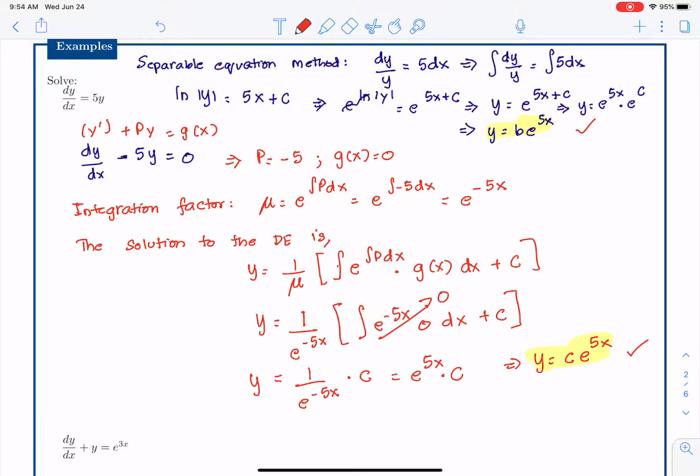So do not make things complicated when you solve differential equations, especially first order linear equations. If you can do it with the separable equation method, do it with the separable equation method, because that is easier. If you can't, then we search for other methods.